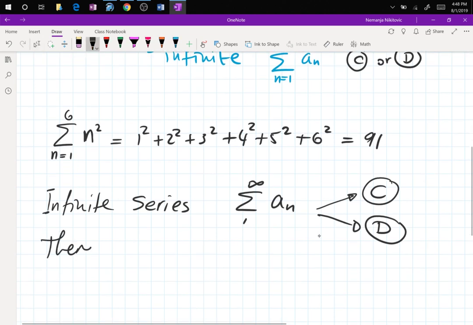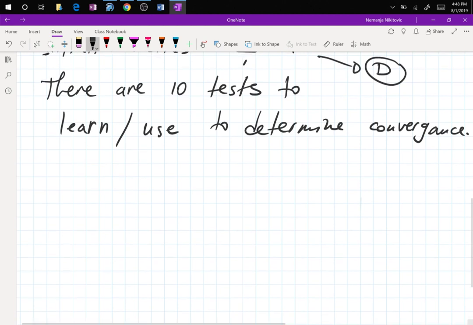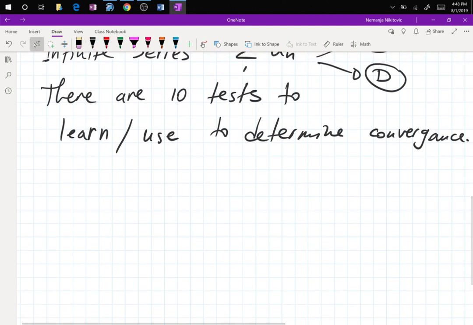There are 10 tests to learn and use to determine convergence. We are learning the first two today. The first one we are learning now is called the geometric series.